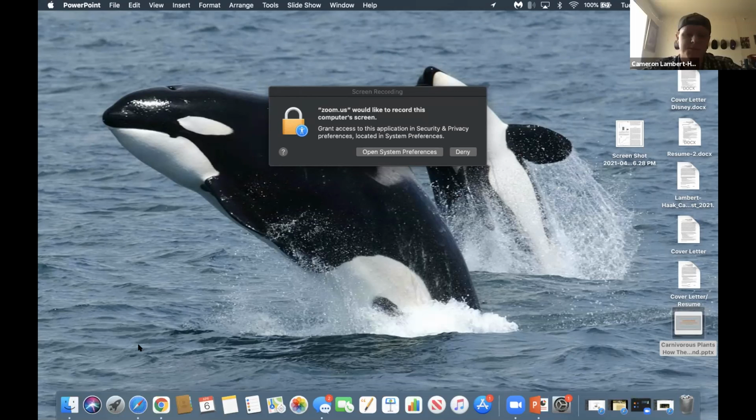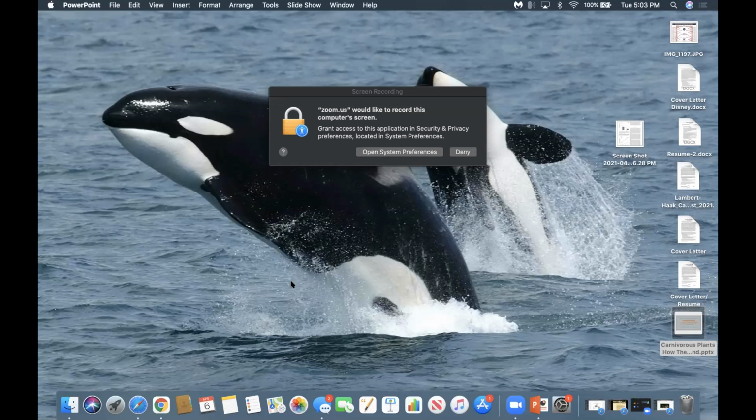Any other questions? Yeah. Hi, Cameron. Great presentation, and thank you for that. But I have a question. You mentioned at the beginning of your presentation that this plant species had evolved these trapping mechanisms through evolution. So does it mean that the ancient species of this plant does not have these trapping mechanisms?